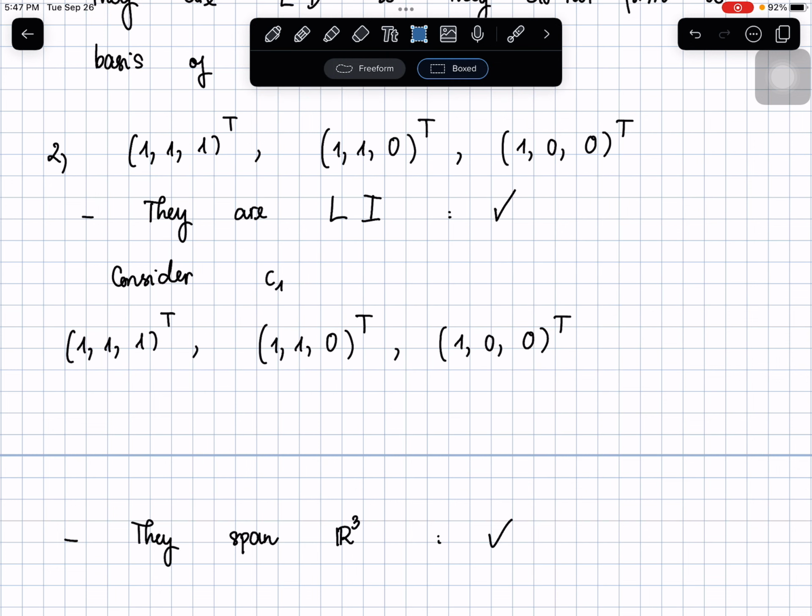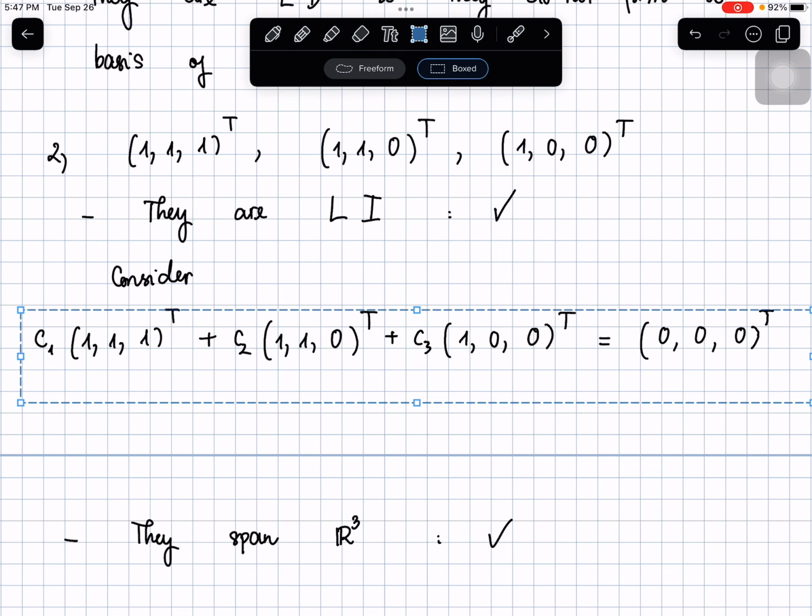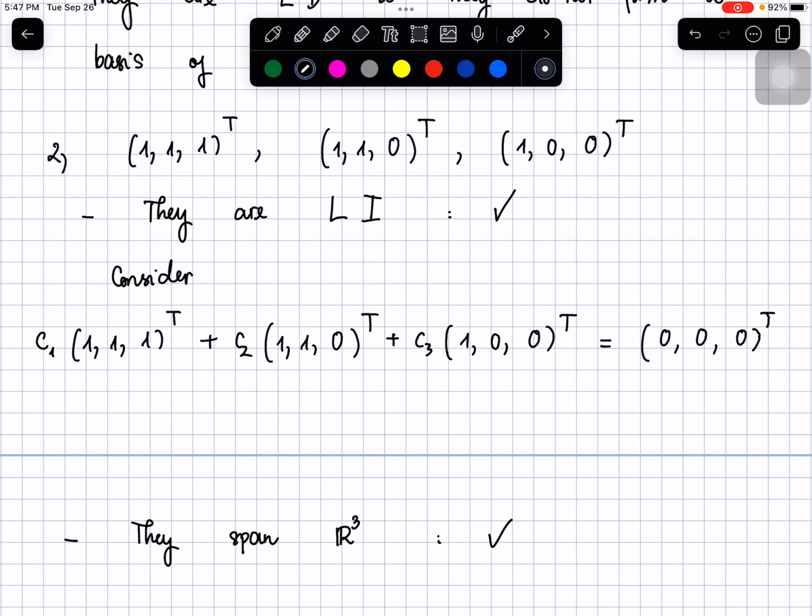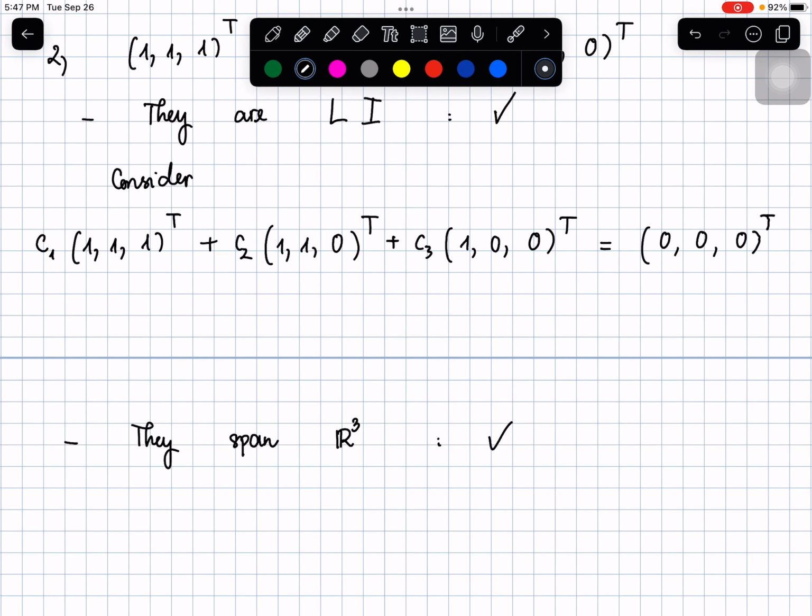Now consider the linear combination C1 times vector V1 plus C2 times vector V2 plus C3 times vector V3 equals (0, 0, 0) transpose. And we check if this system, a system of equations with three variables C1, C2, C3, and three equations, has only the trivial solution.